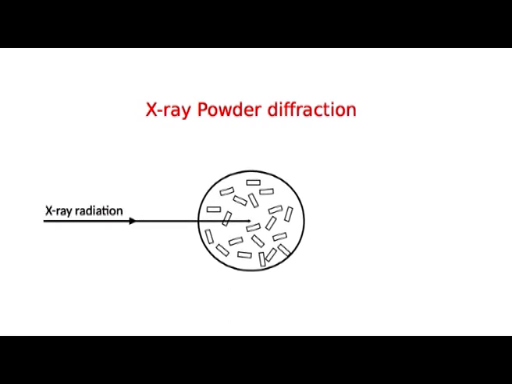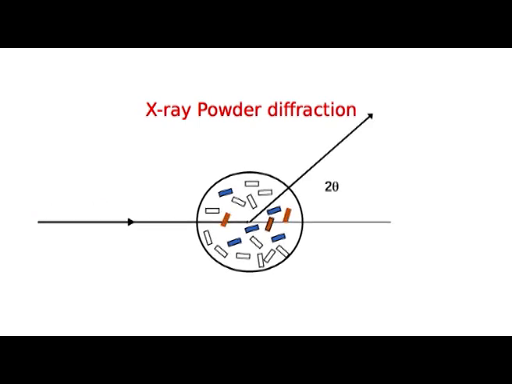In X-ray diffraction, the radiation will produce coherent interference with those planes which have a favorable angle of incidence with the X-ray radiation, right. As you can see in the cartoon, the crystallites I have colored blue are those which have produced a diffraction at an angle 2 theta.